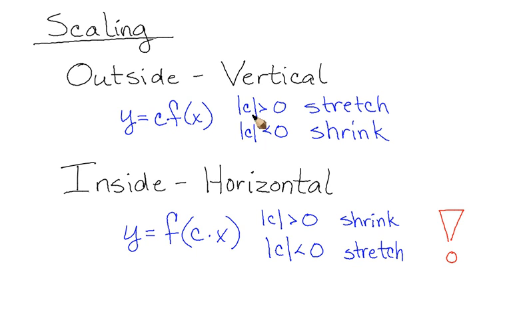And so we have to see what the absolute value of the letter c is that we're multiplying by. If the absolute value is bigger than 1, it will stretch it, and if it's smaller than 1, it will shrink it, vertically speaking.